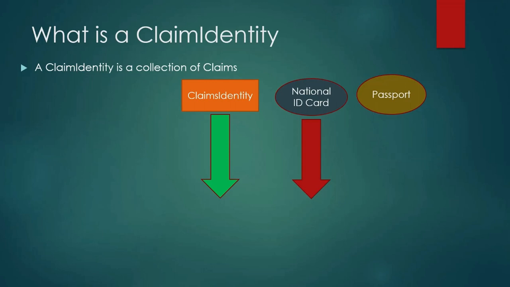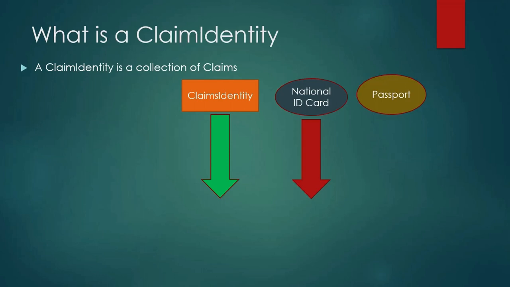Another thing could be the passport. A passport is an example of a claims identity. It has your first name, last name, and even middle name. It can also have the date of birth and your email address. Those are claims, but the passport has a collection of these claims.